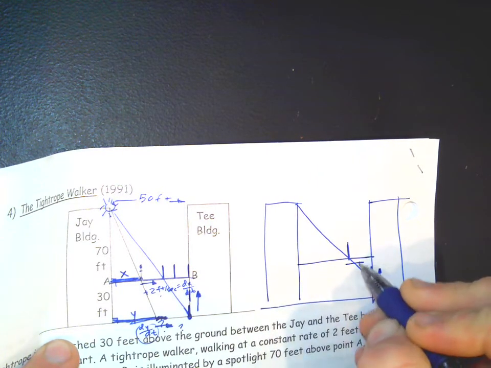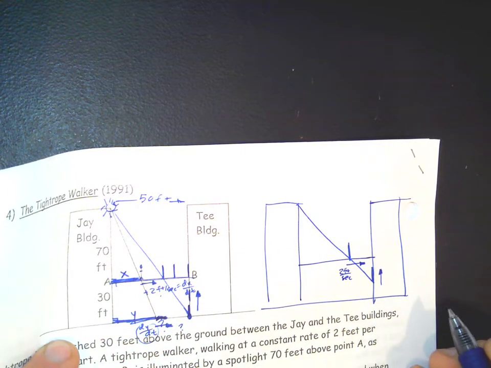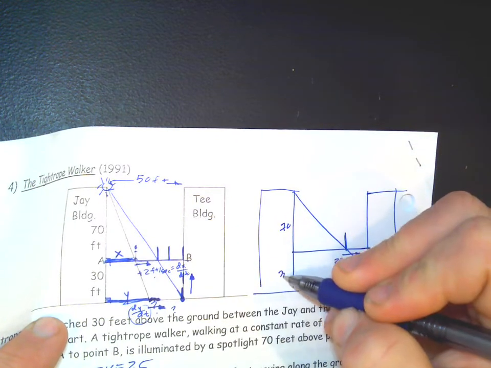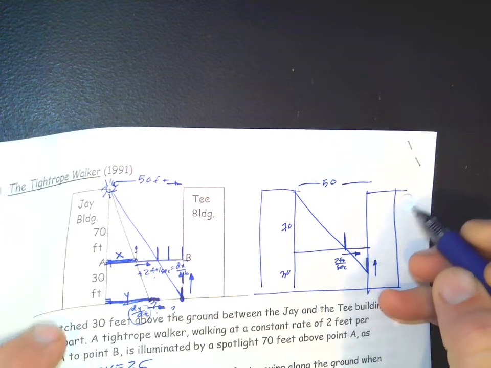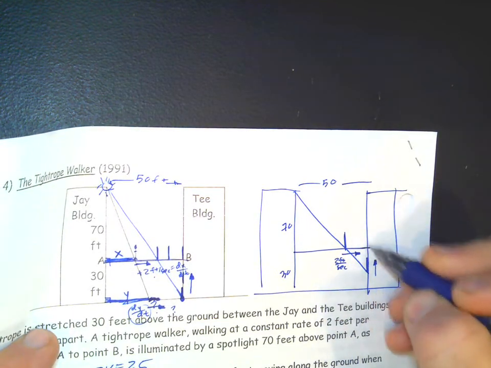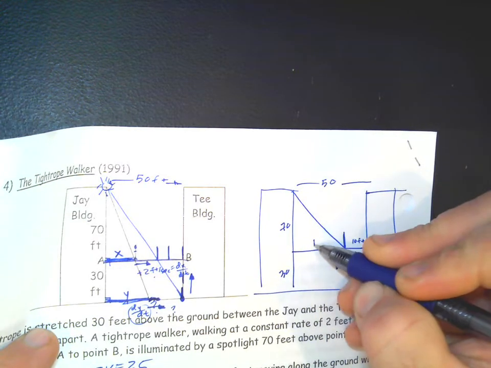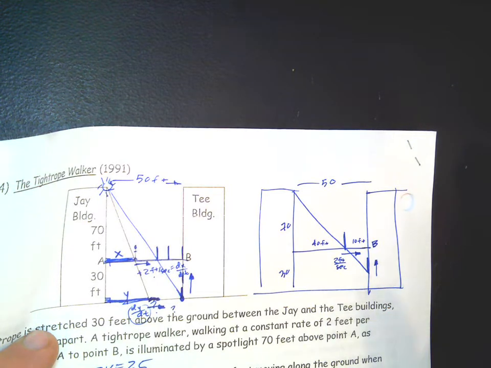She's still moving 2 feet per second that way. That's still the same. This is still 70. This is 30. The whole thing is 50. It says that she is 10 feet from point B. So this is going to be 10 feet, which means this is 40 feet. But just at the end, those things are changing, so be careful.